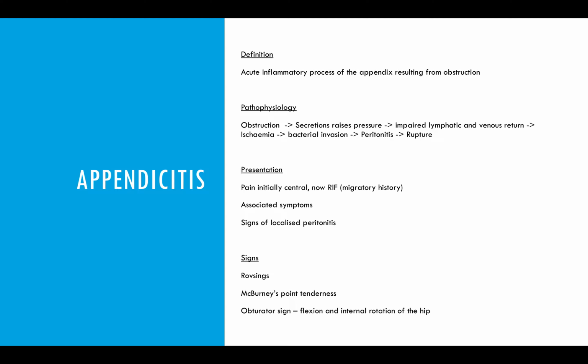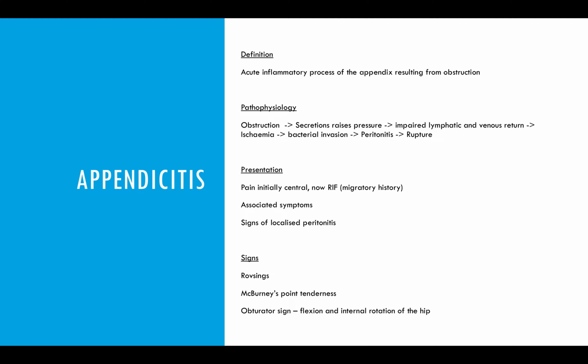As that all happens and there's lots of swelling, you then get irritation of the local peritoneum, and that's when you actually get your migratory pain. Because the appendix is a visceral organ, you start with the classic generalized central abdominal aching.